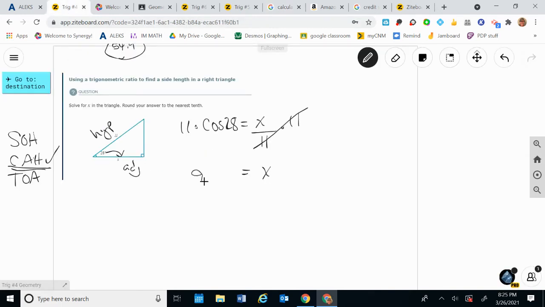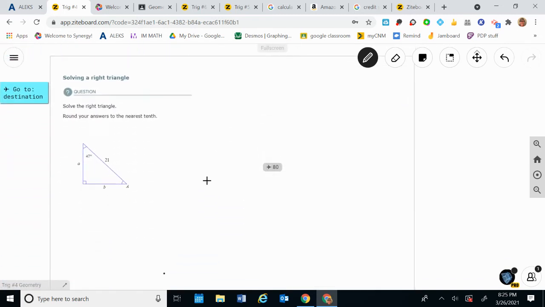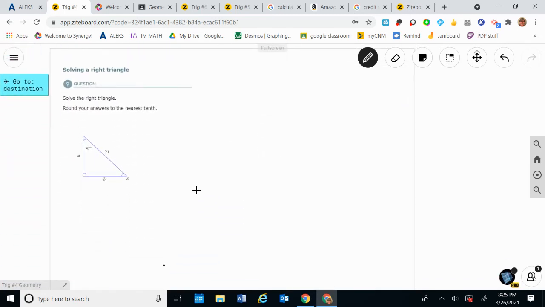Okay, next. Now you're going to be using trig to solve a right triangle. This is one of the skills that I want to make sure you know how to do.